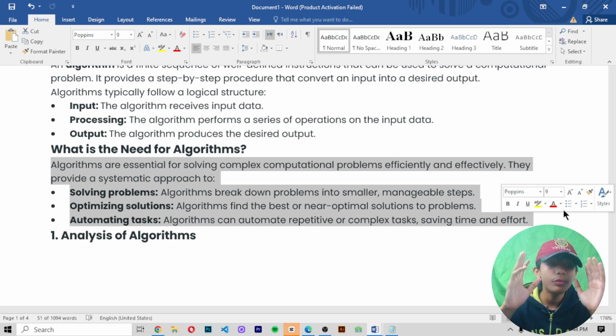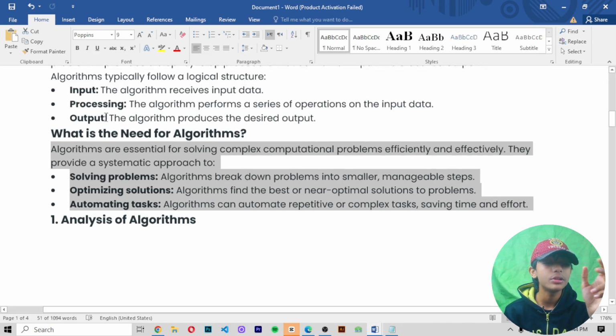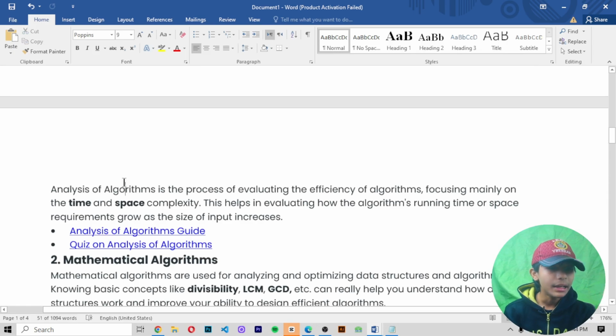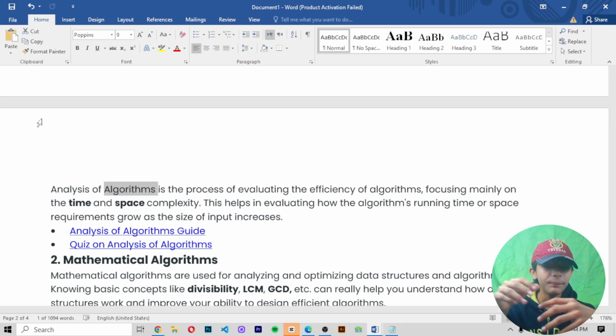Okay, so if you want to learn algorithms, first of all you must know analysis of algorithms. Analysis of algorithms is the process of evaluating the efficiency of algorithms, focusing mainly on time and space complexity.